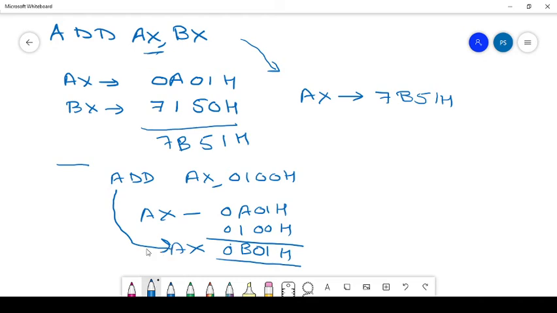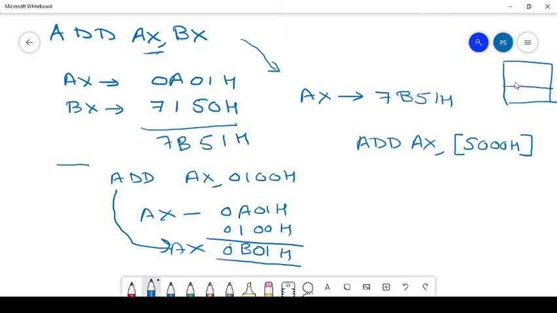This will be the content of AX after executing this instruction. In a similar way, we have ADD AX, 5000H, where 5000H is some memory location.